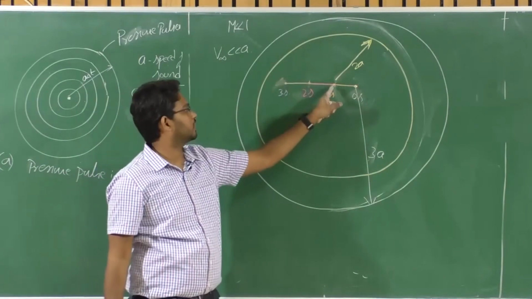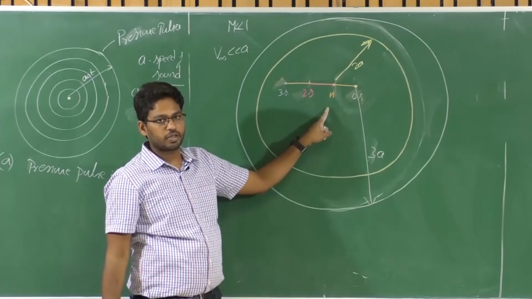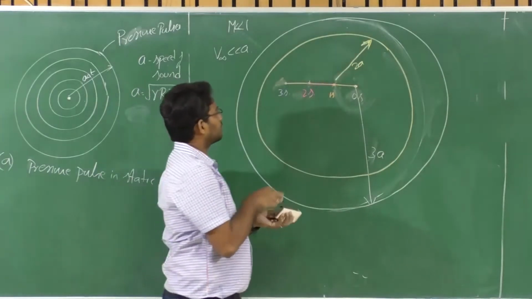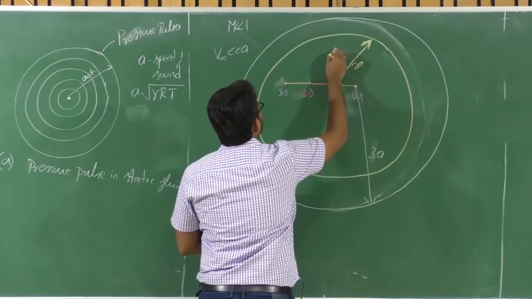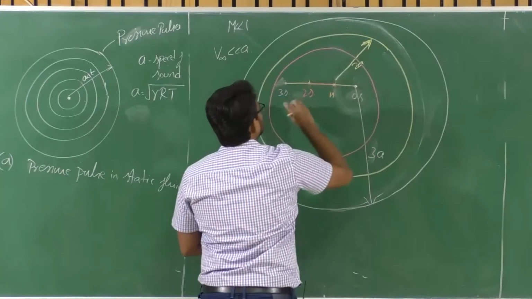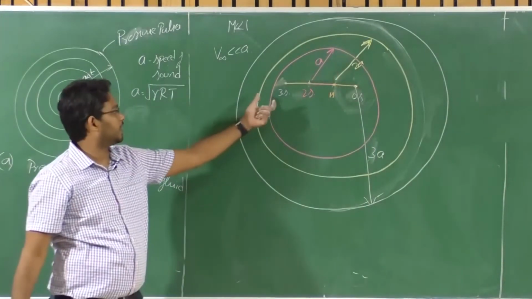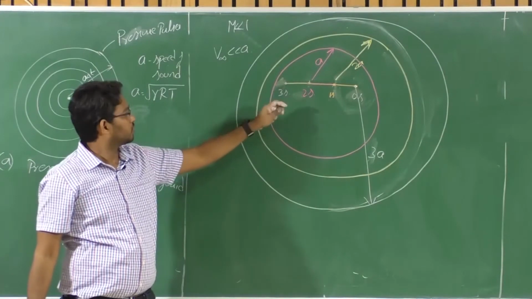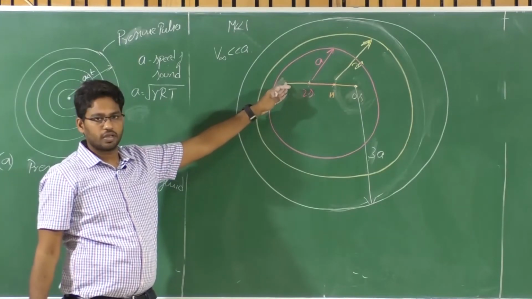Within the 3 seconds, the disturbance which you have initiated at this particular location will travel a distance 2a, isn't it? Similarly, the one here, the disturbance will travel a distance 1a, which is 1 second ahead at this particular location where you are, right? So that means the disturbance is always ahead of you. Am I correct or not?